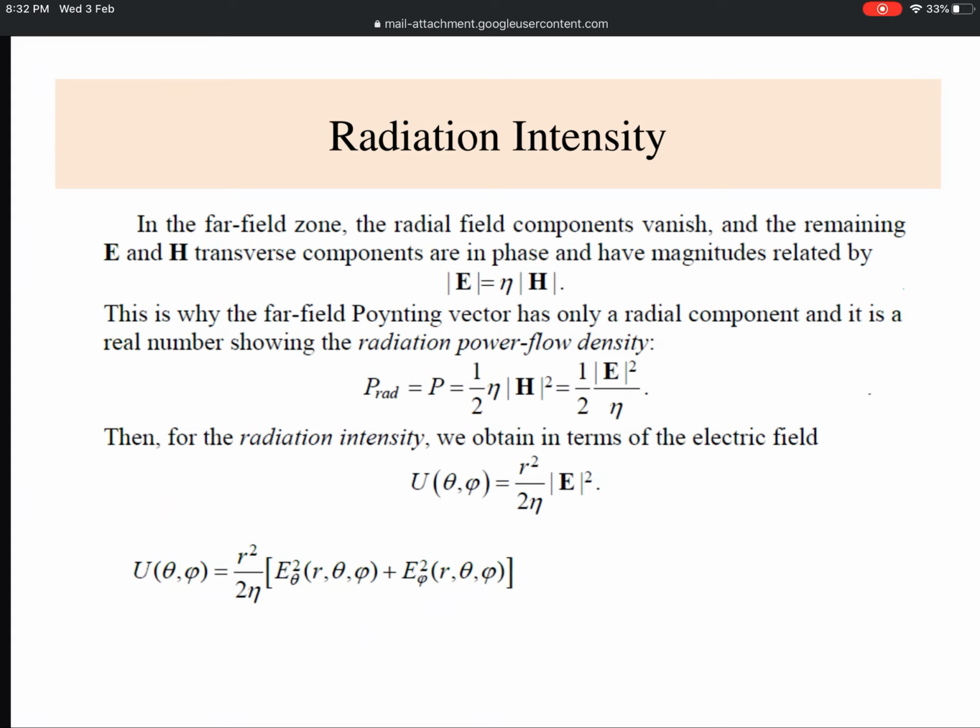So we have seen how the radiation intensity is defined, how the solid angle is defined, what its relation is with the power density, and how this radiation intensity can be written in terms of the electric field, or, if someone wants, with the magnetic field also.